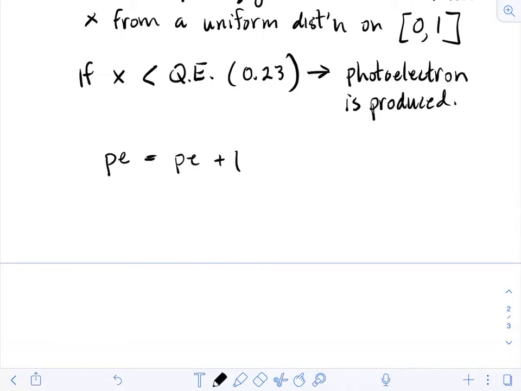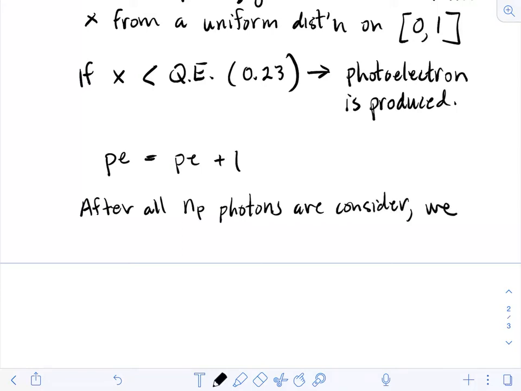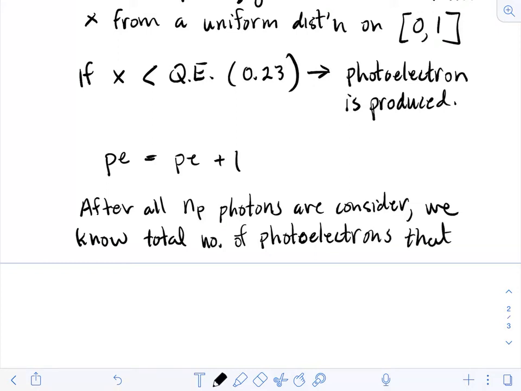So after all NP of the photons are considered, we know the total number of photoelectrons that will be incident on the first dynode.